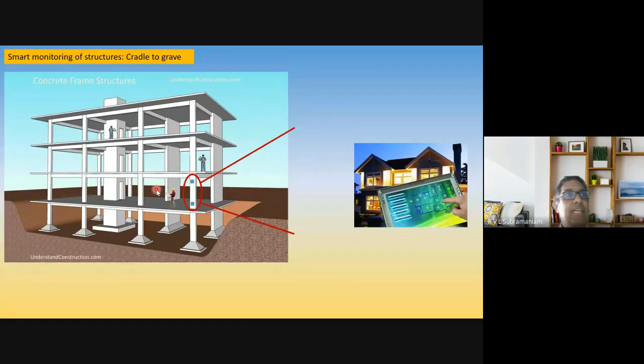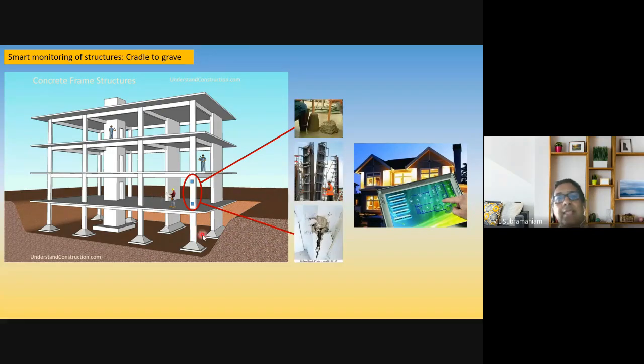I can do a tomographic kind of measurement where I can continuously inspect the structure to see if there is any damage, whether distributed damage in compression or localized damage in the form of cracking wherever I have tension in the concrete structure.